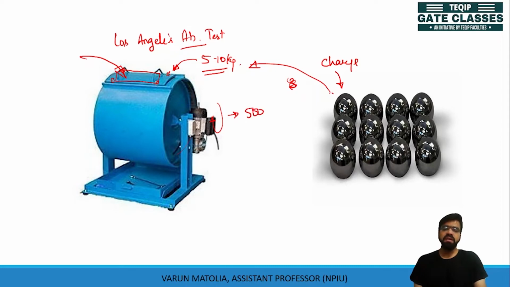Around 500 to 1000 revolutions at a speed of 30 to 33 rpm is provided, and then the sample which is left is taken out. Now this sample is passed through a sieve of 1.7 mm.